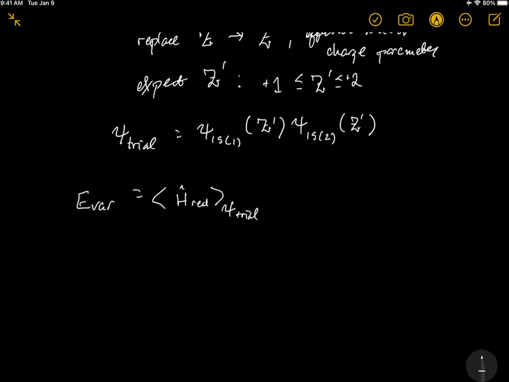And we're going to actually call it E prime because we replaced Z with Z prime, so we're going to switch and call our variational energy E prime.